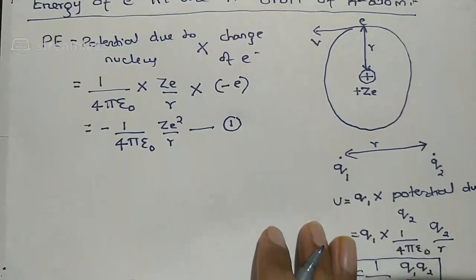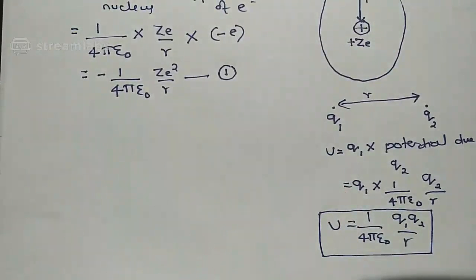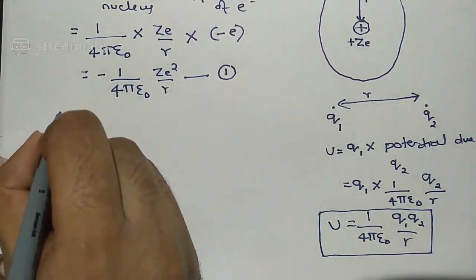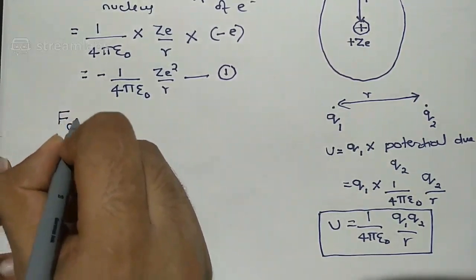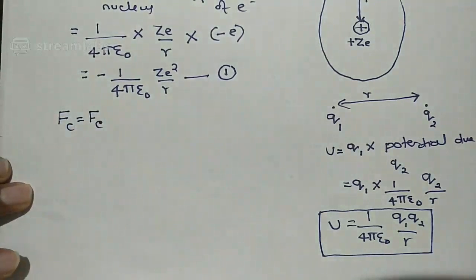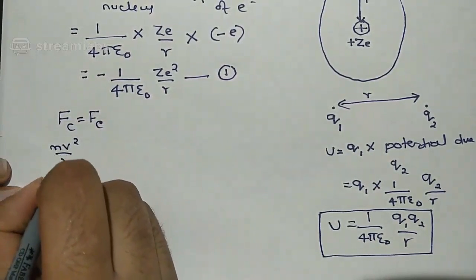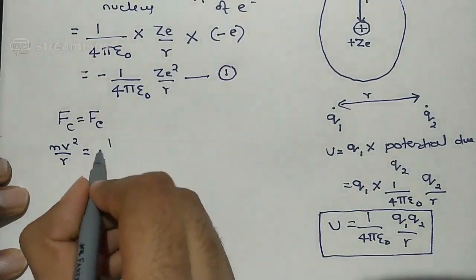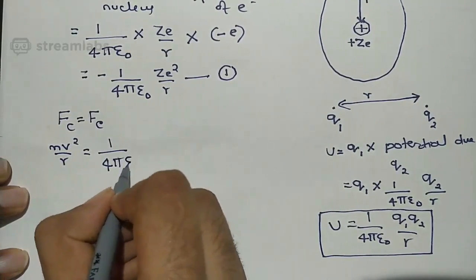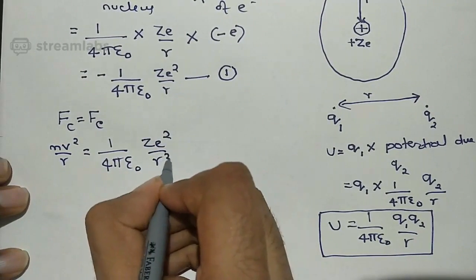The second part is to calculate the kinetic energy. To calculate it, we again need the centripetal force concept. Who is providing the necessary centripetal force? It is the electrostatic force of attraction between the electron and the nucleus. mv square by R, the general expression for centripetal force, equals 1 by 4 pi epsilon naught into the force Ze square by R square.